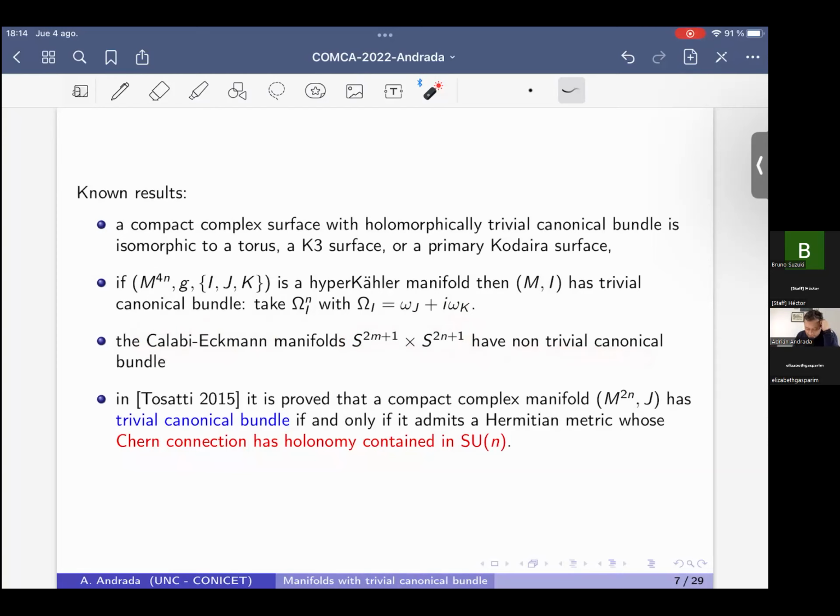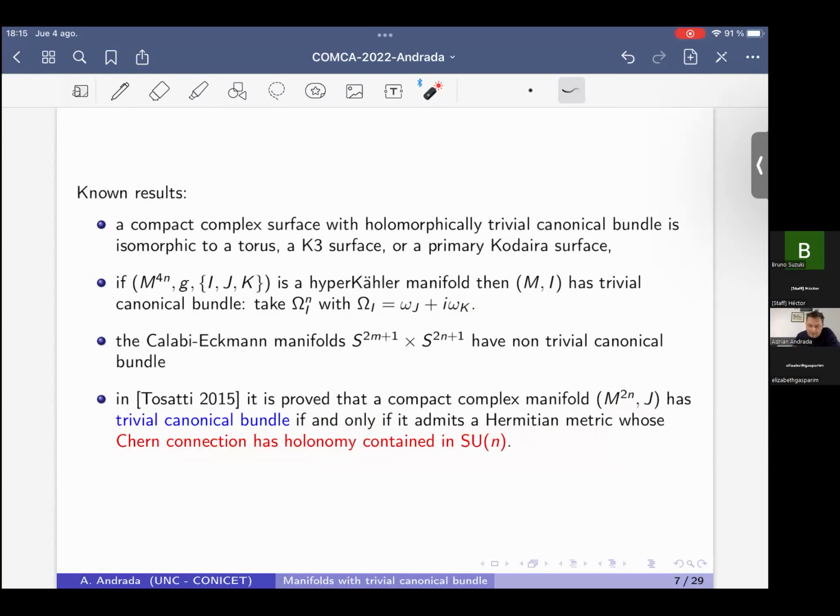And Tosatti, some years ago, proved that a compact complex manifold has trivial canonical bundle if and only if it admits a Hermitian metric whose Chern connection has holonomy contained in SU(n).